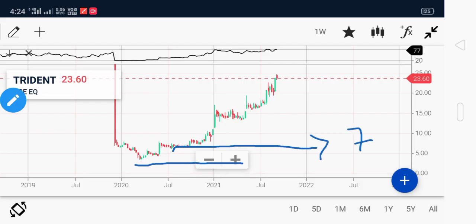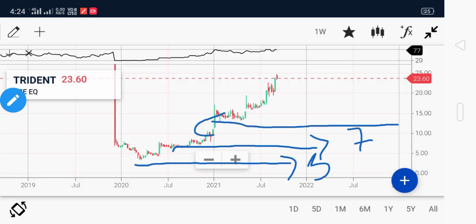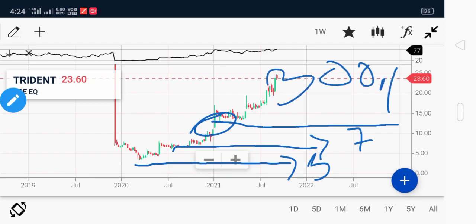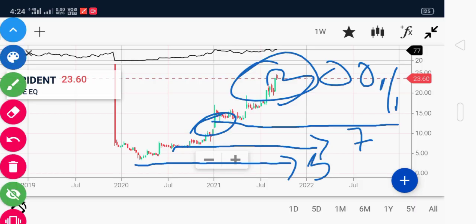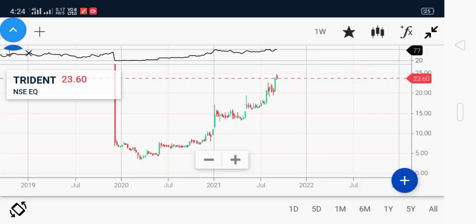Our stop loss was at this place at 3 rupees. Our target was at 11 rupees, right? Target was hit. And those who trailed their stop loss tripled their money, 300%. Right now the stock is at 24 rupees. So I hope you all were able to understand the half moon setup as well.